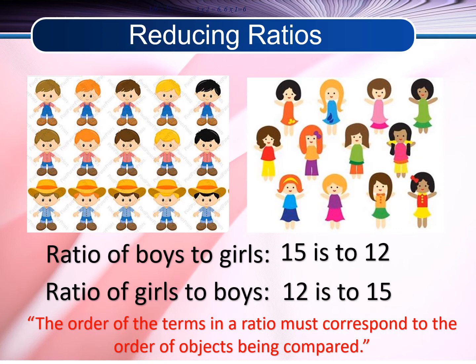Therefore, the order of the terms in a ratio must correspond to the order of objects being compared. So in the ratio, boys comes first to girls, thus the ratio is 15 to 12. Whereas in the second ratio, girls comes first to boys, thus 12 and 15 have interchanged, giving us a ratio of 12 to 15.